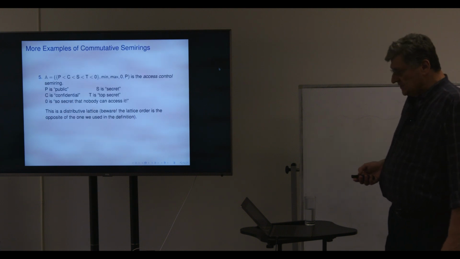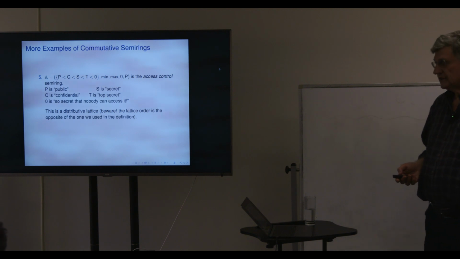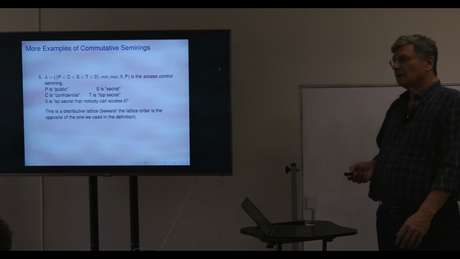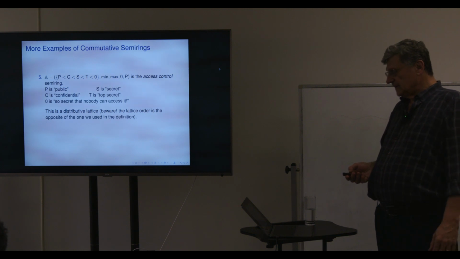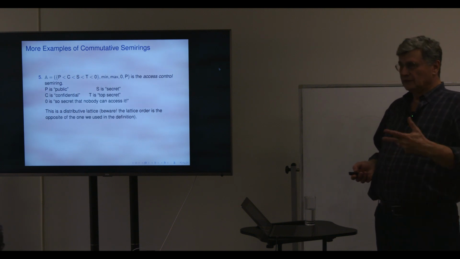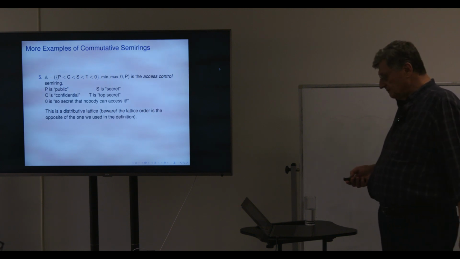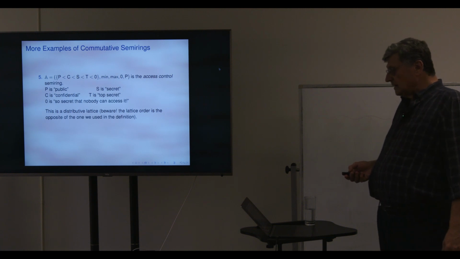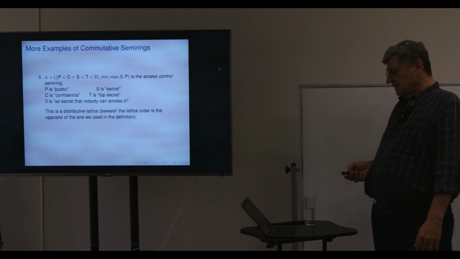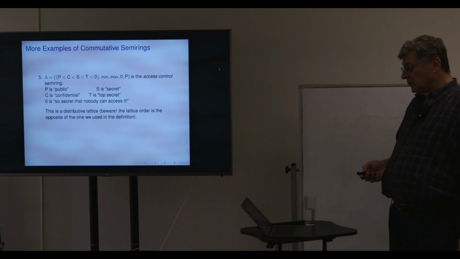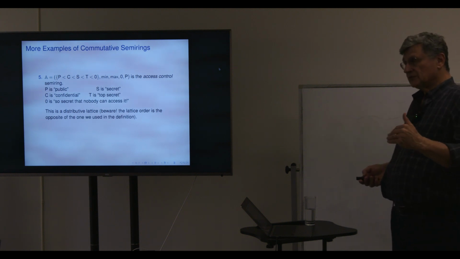Here is another semiring that is also interesting. Suppose that you have these 5 values, P, C, S, T, and the 5th value is 0. I'll explain. Now, you can make this into a semiring because if you assume a total order, P is less than C, less than S, less than T, because I'm going to interpret P as level of access to information.